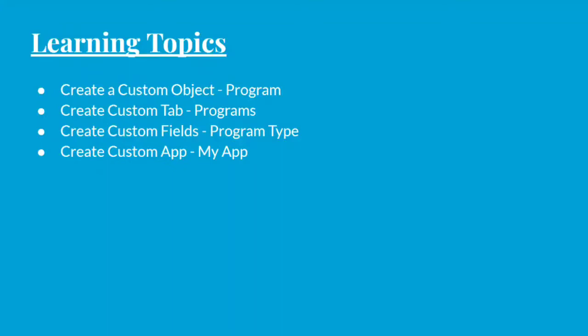You will understand like, okay, this particular functionality can be achieved through standard object, or maybe we need to create a new custom object if that fields or that data which you want to store is not exactly matching or is not coming under the standard objects. You have to create a custom object.